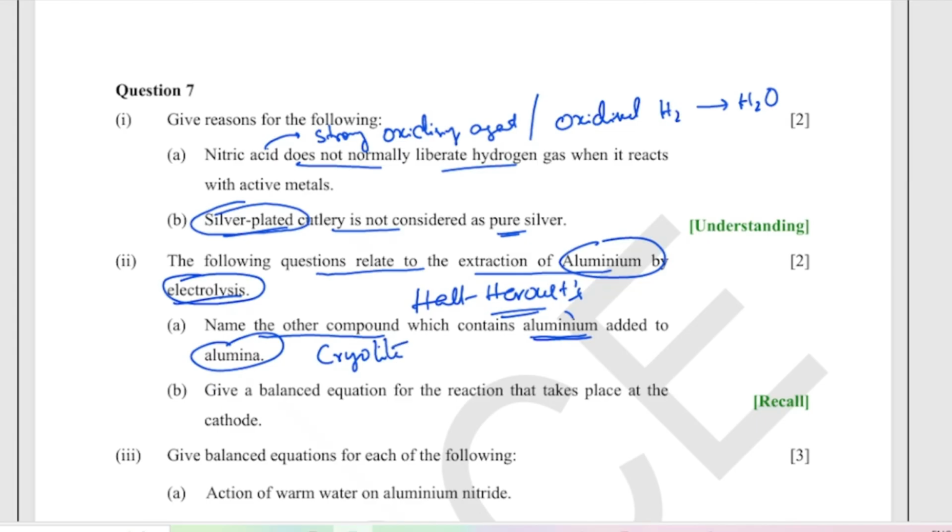But here cryolite is the only one which contains aluminum. So the answer is cryolite. Next, give a balanced equation for the reaction that takes place at the cathode. Here the aluminum ion takes 3 electrons and gives Al.